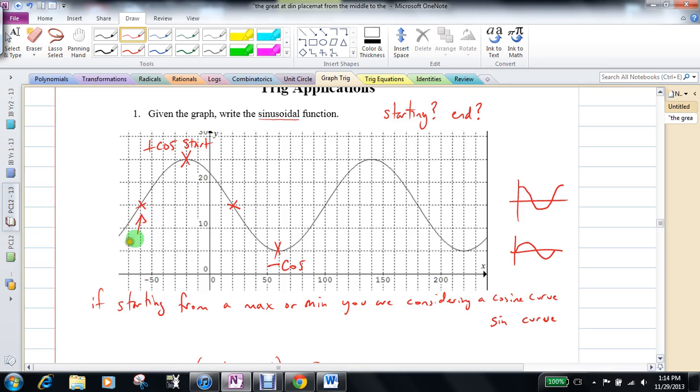Yes, this would be a positive sine curve starting spot, because sine curves start by going up and then down. Because this curve starts by going down, it would have to be a negative sine curve. So if we're starting from the middle, then you are considering a sine curve.